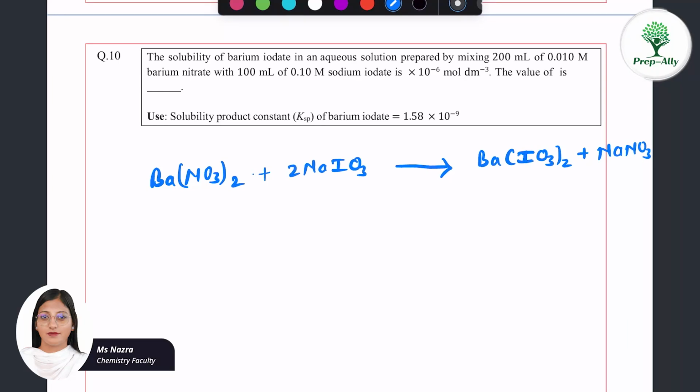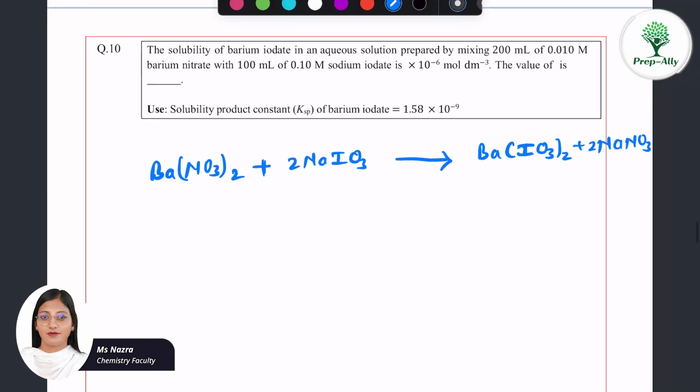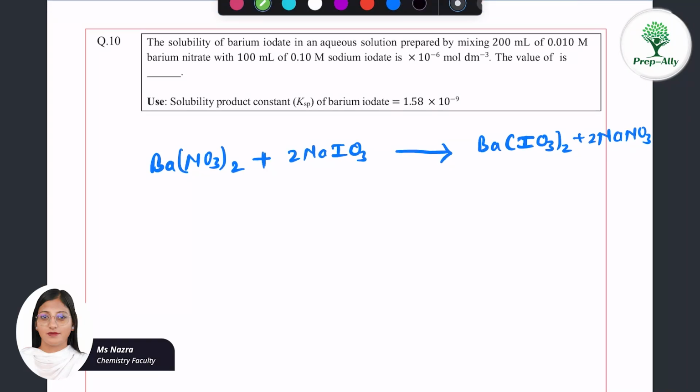To balance it, we will take 2 and 2 over here. The information given to us is 200 ml of barium nitrate having concentration 0.01 molar, and sodium iodide, 100 ml having concentration 0.10 molar.